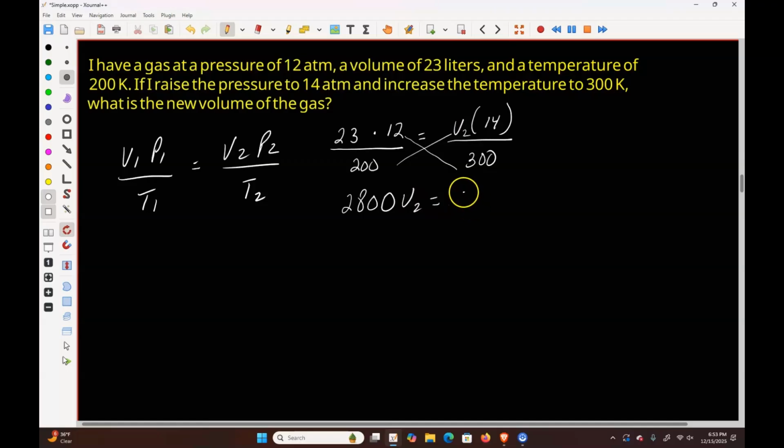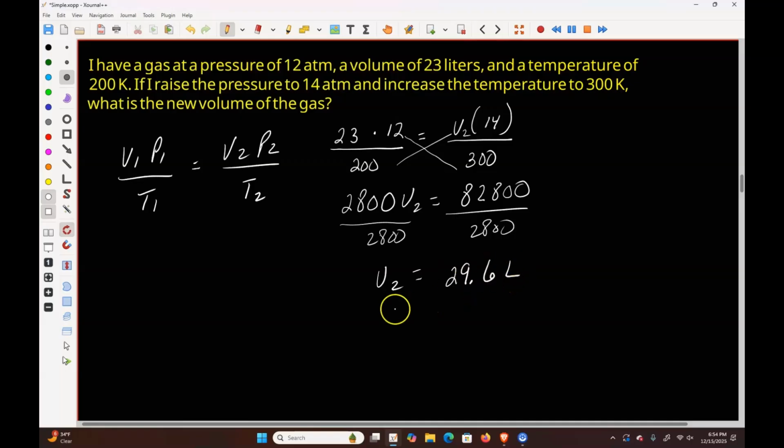That will equal 82,800. Divide both sides by 2,800. So V2 should equal 29.6 liters.